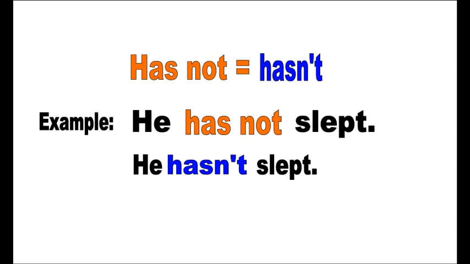Now, using the contraction of has not. The contraction of has not is hasn't. Example, he has not slept. The contraction now, he hasn't slept.